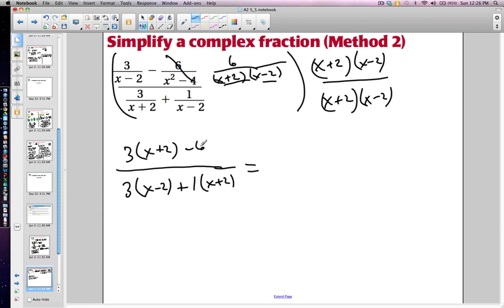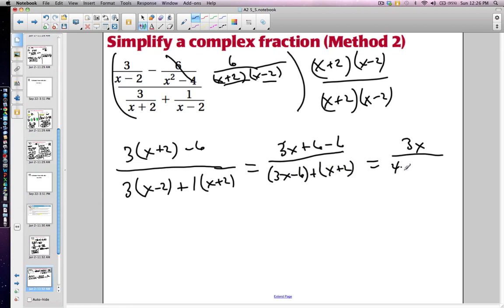I'll get 3x plus 6 minus 6, which is going to continue to be just 3x. And in the denominator, I'll get 3x minus 6 plus x plus 2. So 3x plus x is 4x. Minus 6 plus 2 is minus 4. If I were to look at this, this is 3x over 4 times (x minus 1).